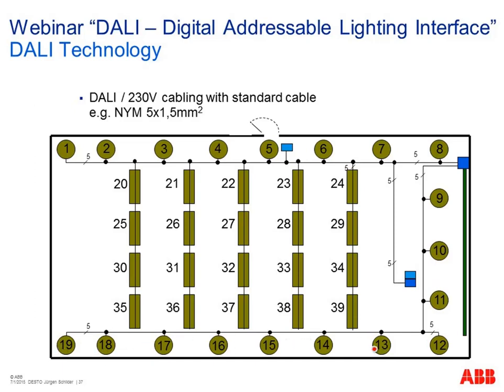So we have here fixed wired all our DALI devices to our DALI system. So later via software, for example programming software, we can create here our light groups and we can address the DALI devices and we can configure here our switches. So here nothing is really hardwired, so everything here is flexible by using this DALI system. And you can see we need only our cable with the 5 cores and connect all our maximum 64 DALI devices.